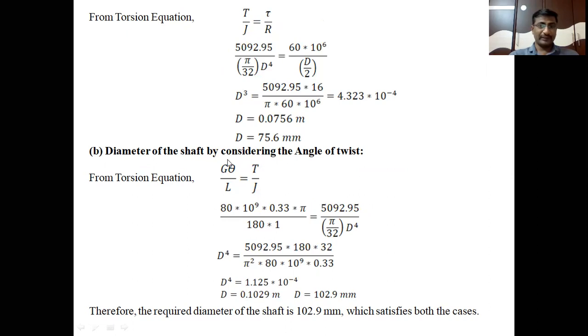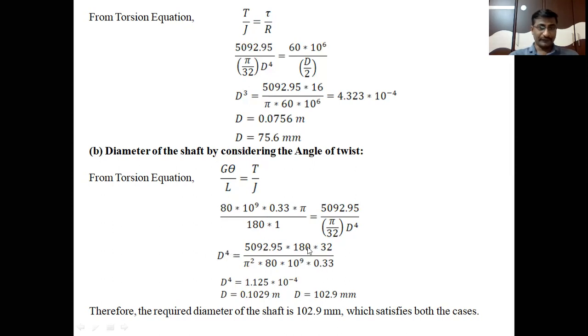In the torsion equation, G's value is 80 GPa, 80 into 10 to the power of 9. Theta is 0.33 given in degrees. If you convert into radians, it is 0.33 into pi divided by 180. Length of the shaft is given as 1 meter. Torque T is equal to 5092.95 divided by J, which is pi by 32 D power 4.